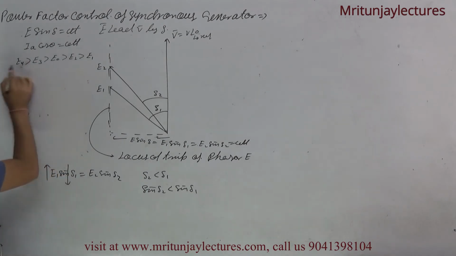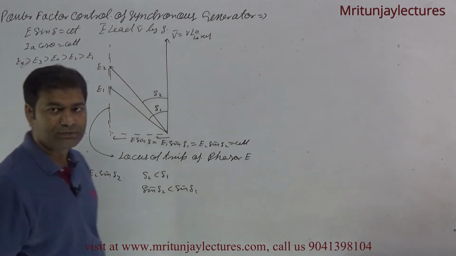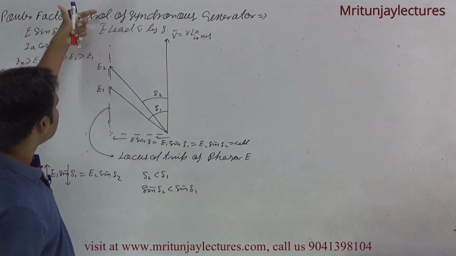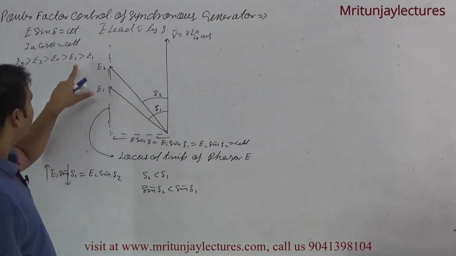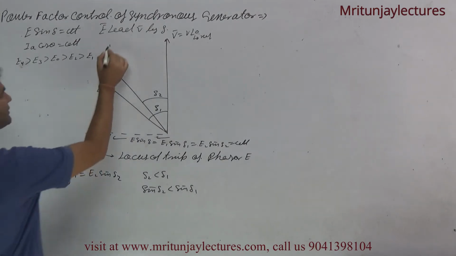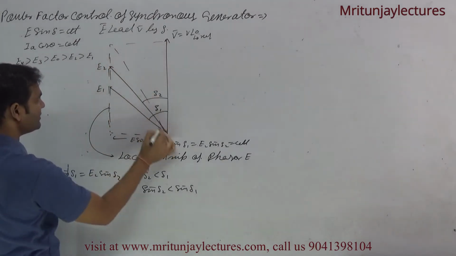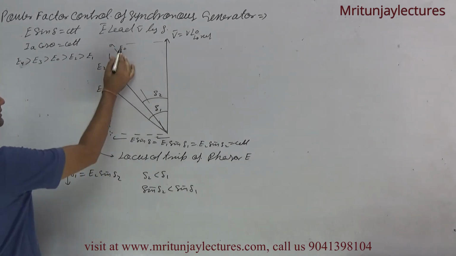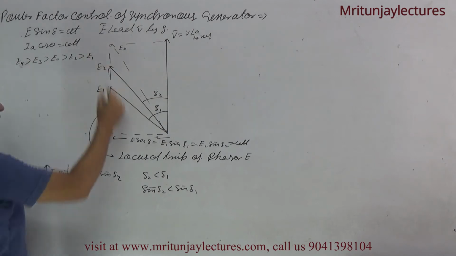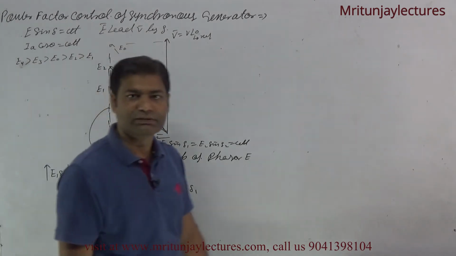That's why it is written here. If you increase the excitation more, this is the nominal excitation, which I have already discussed, and this one is under excitation. That is E0, the nominal excitation. After that E3 and E4 are the over excitation voltages.